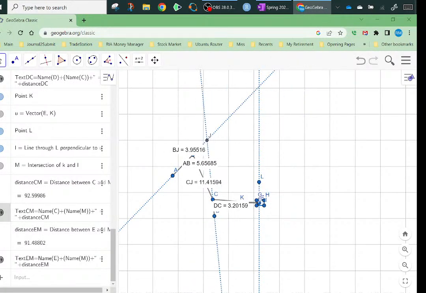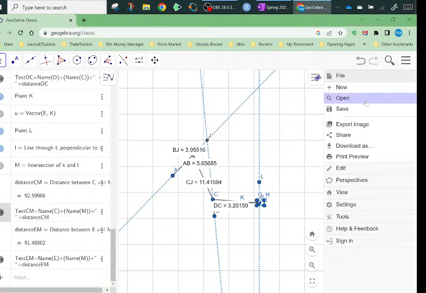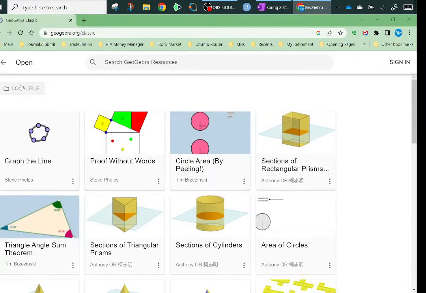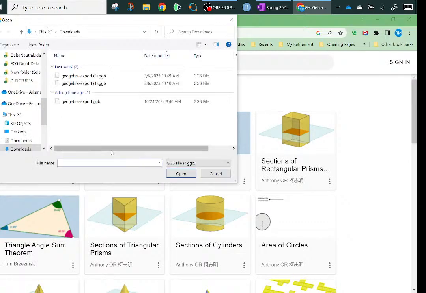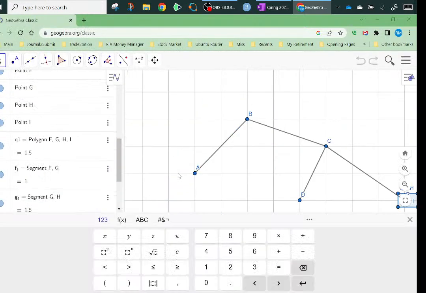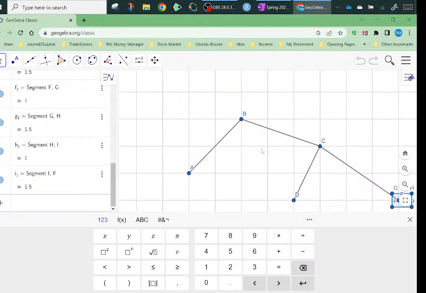Uh-oh. Well, that messed it up. Maybe that's what happened. Here. Let me open it again. Okay, that was before I did the measurement. So you know what I could do?